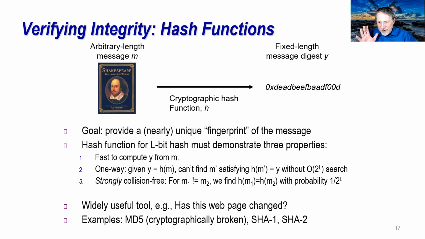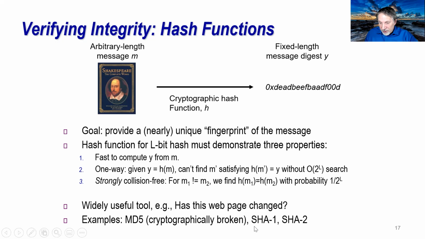So you've probably heard of MD5. That's an example of a hash function. People figured out how to do that with lots of computing resources to go the opposite direction. What does it mean to go the opposite direction? It means I give you this dead beef, bad food hash, and then you produce a piece of information that creates that hash. That means you can basically forge stuff if you know its hash.